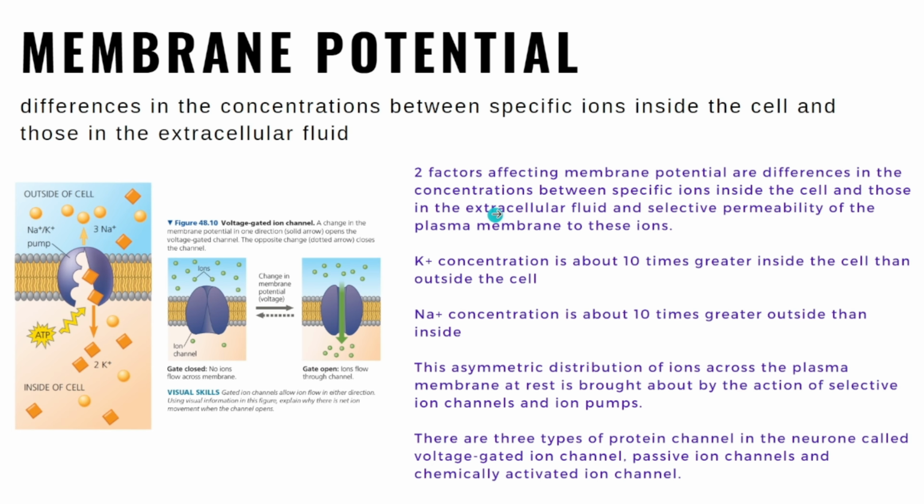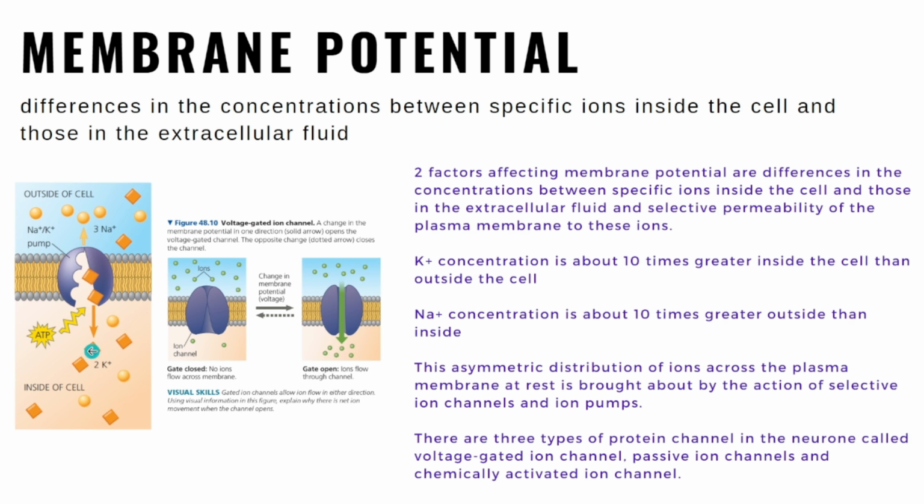So there are 2 major factors affecting the membrane potential: the difference in the concentration between specific ions inside the cell and in the extracellular fluid, and the selective permeability of the plasma membrane to these ions. Meaning that in your resting potential state, if there is no electrical signal, potassium ion is about 10 times greater inside the cell than outside the cell.